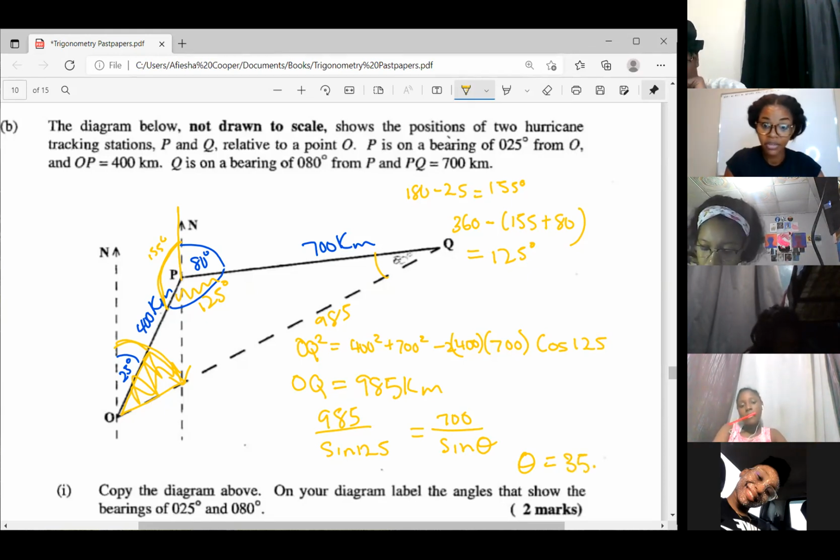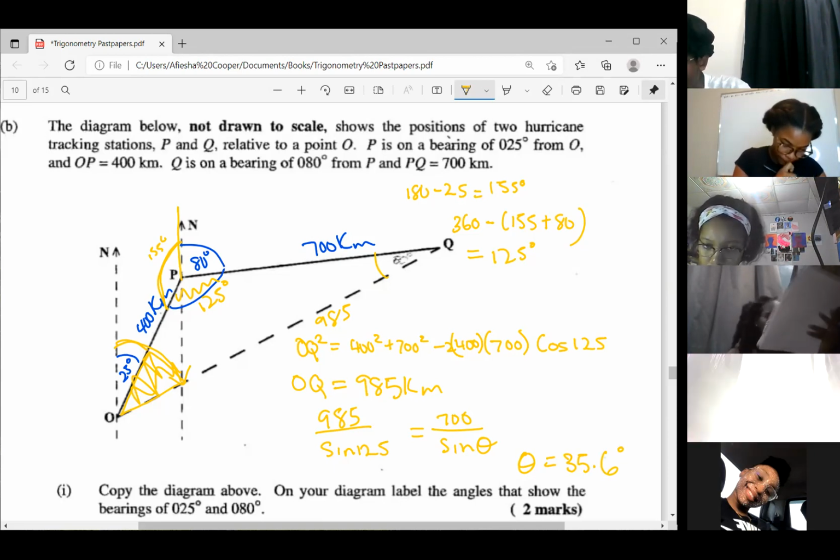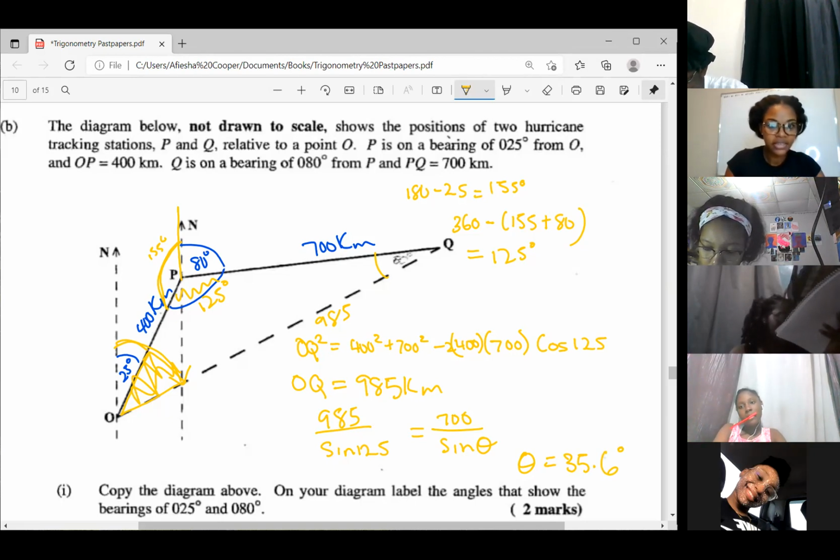35.6. Is that the whole answer? 35.6 degrees. Where did you all get 60 from? No, I think I put from theta 25 degrees plus 35.6.